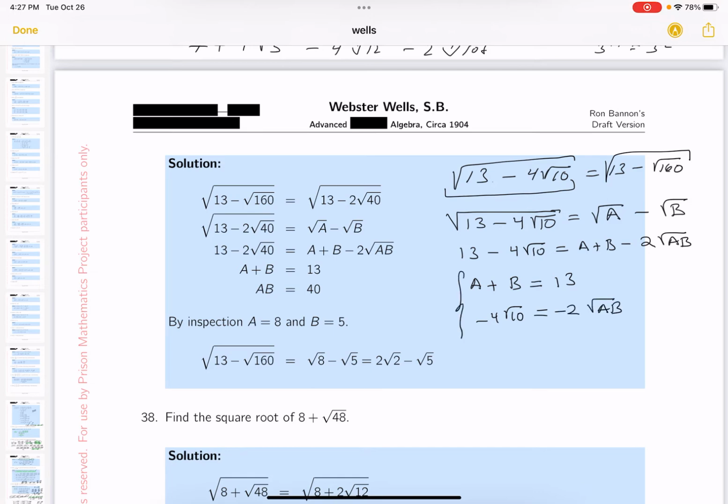All right, now here comes the tricky part. I have to look at this and see if I can figure it out. Are there A and B that are going to do that for me? Furthermore, I bet they're going to be simple. Before I do anything, I'm going to clean this up a little bit. Divide both sides by minus 1, and then divide both sides by 2. Let me do that for you real quick.